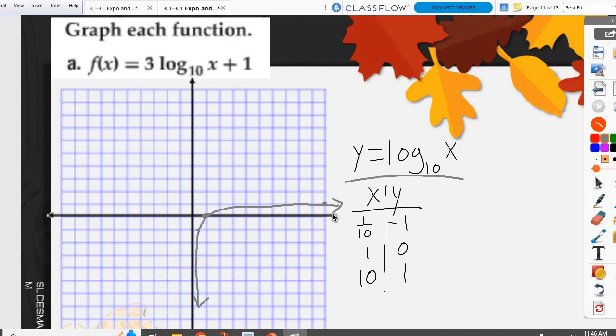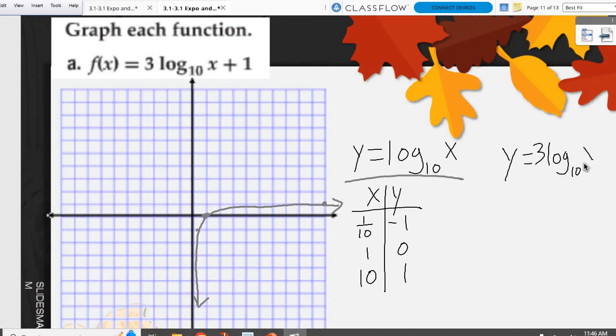And then what is that 3 on the outside going to do? Stretch it. So we multiply all of our what values by 3? Nope, it's still on the outside of my logarithm, right? So it's still affecting my outputs. So we're still plugging in the same things.